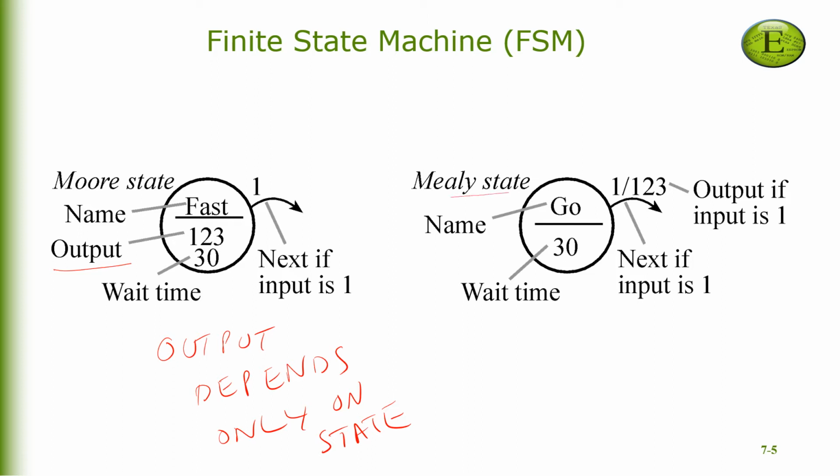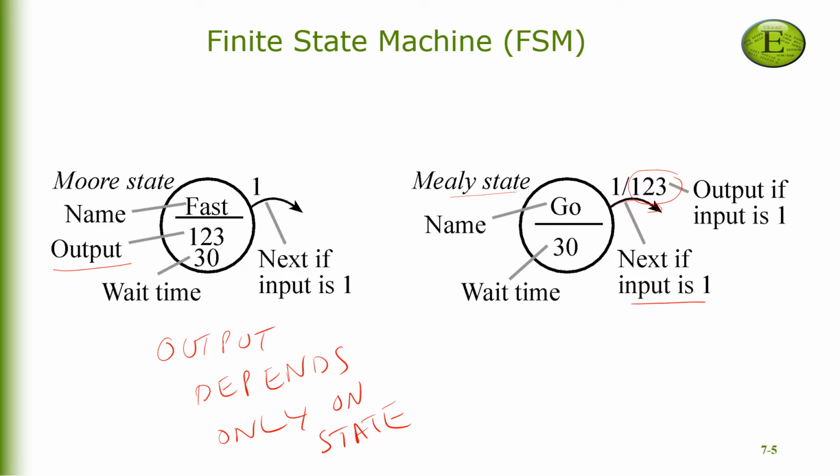Whereas in the case of the Mealy state machine, or the Mealy state, the output depends also on the input. In this case, you see the output has been drawn on the arc, and the arc is associated with the input. So this transition is represented by an arc, and that occurs when the input is 1 over here, and it gives you an output 1, 2, 3.